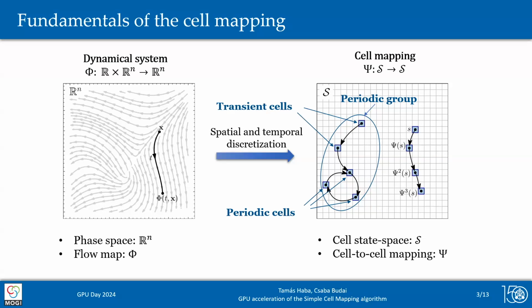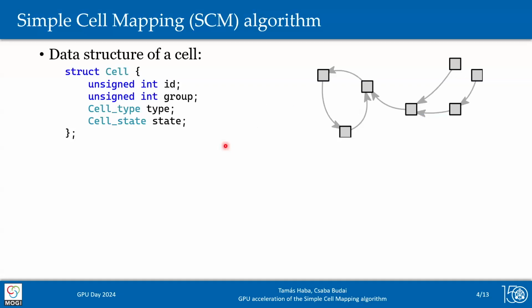There are a handful of algorithms to identify each periodic group and each cell type, so whether it is periodic or transient. The simplest algorithm is the simple cell mapping, or the SCM algorithm.